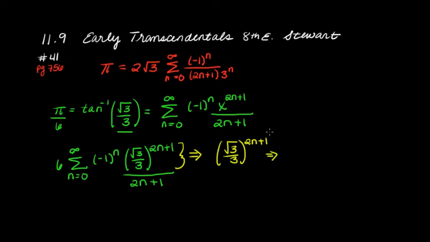So we're going to split this. What that's going to look like is root 3 to the 2n, and then also multiplied by another root 3, and this is the plus 1. So that is how I split that. We're going to divide by 3 to the 2n plus 1.